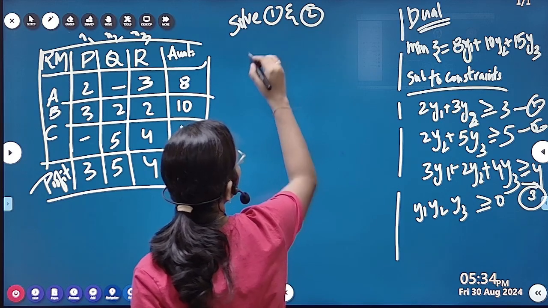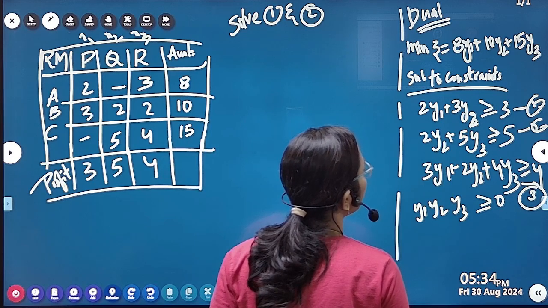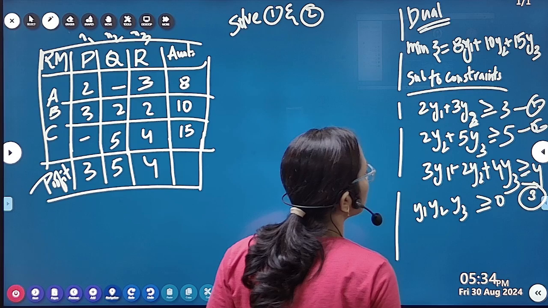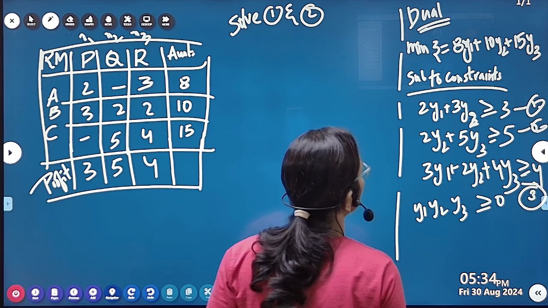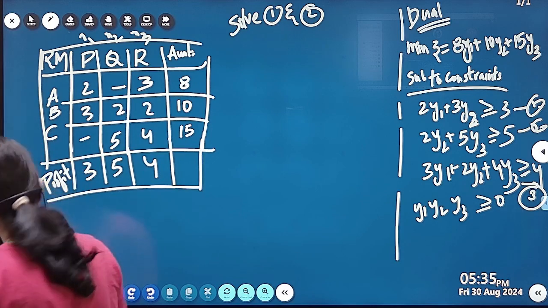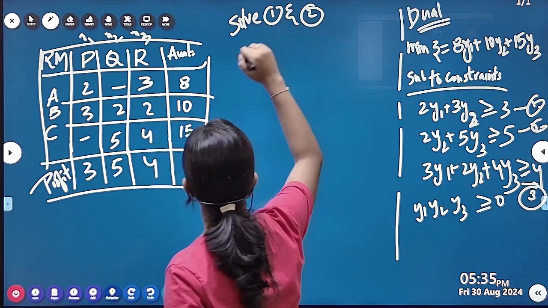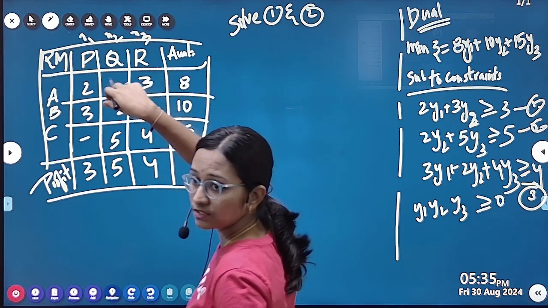So tell me, no, they are solving this primal one. Tell me the first one, what will be the equation in the first primal?